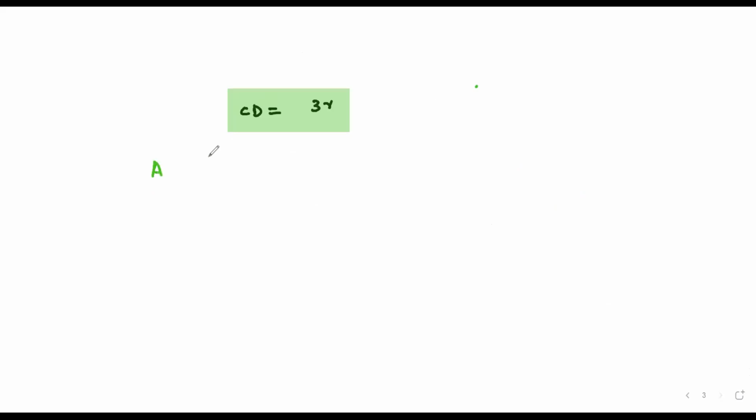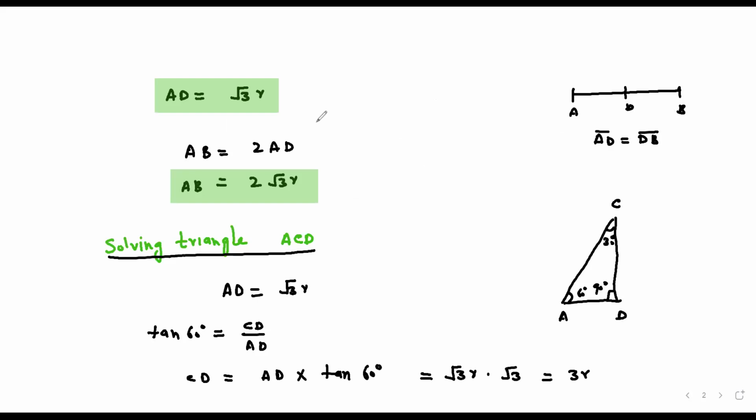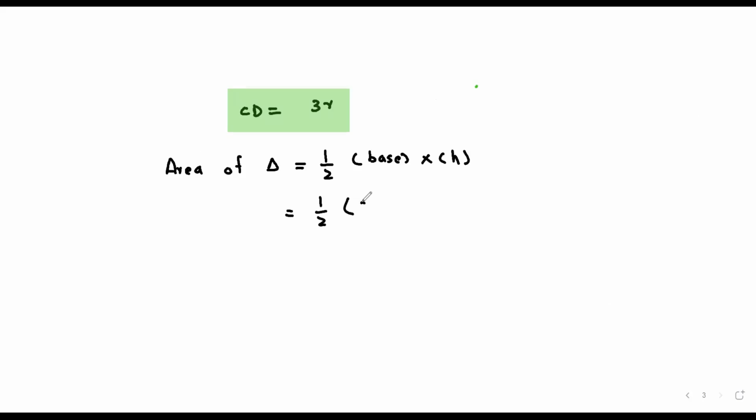And you know that we use the simple formula, which is: area of triangle is equal to 1 by 2 into base into height. The base of the triangle is AB, and AB is equal to 2 square root of 3R, and the height is 3R.